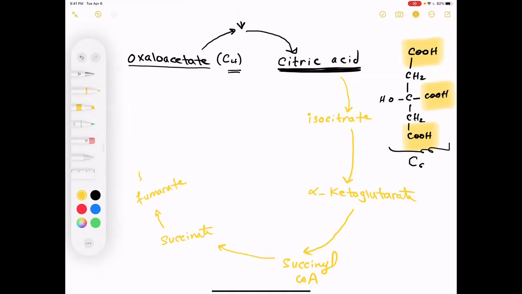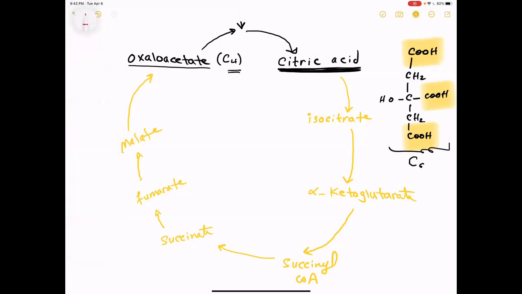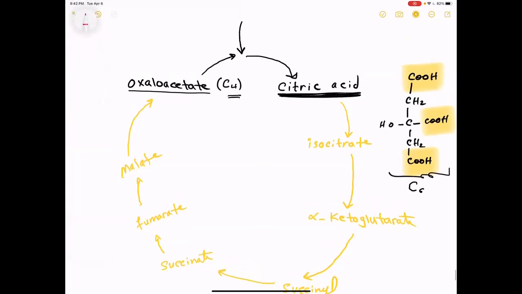From fumarate into malate. And from malate into oxaloacetate. Of course, we're missing quite a bit, but that's what I care about today. All right, so let's add a few things.